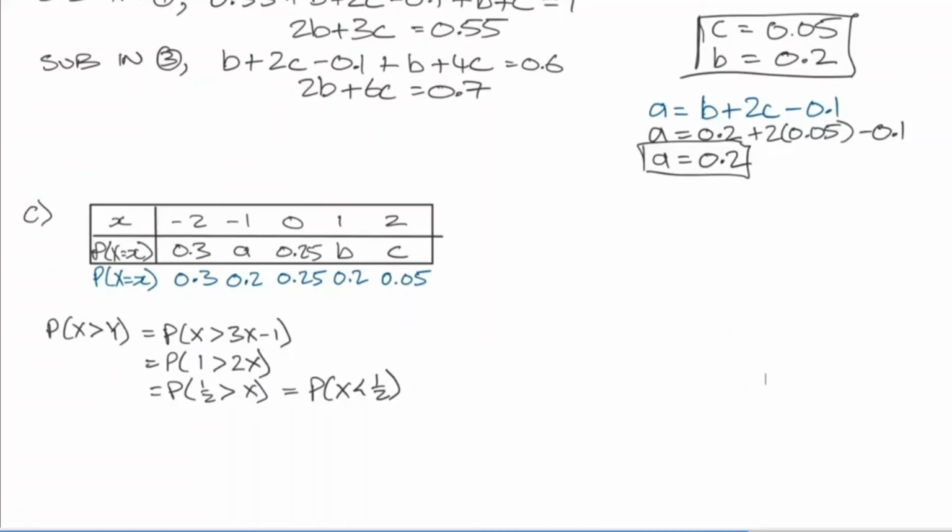If we sum them together, that will be the probability that X has a result which is less than a half. These are the values we're looking for, and when we sum them together, we get 0.75. The probability that X is greater than Y is 0.75.